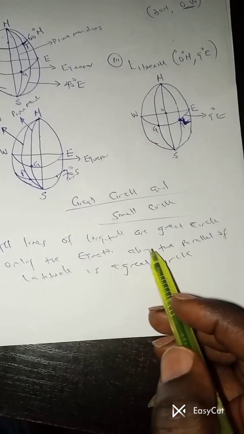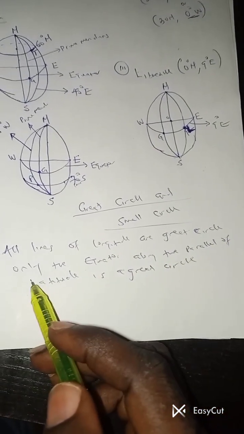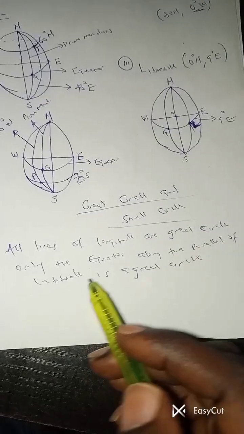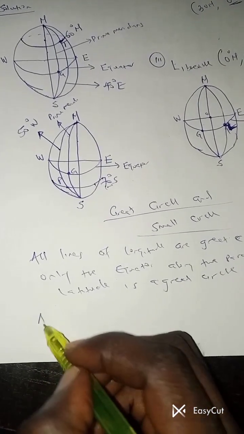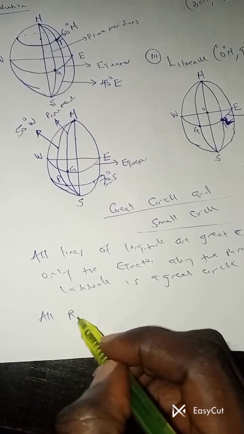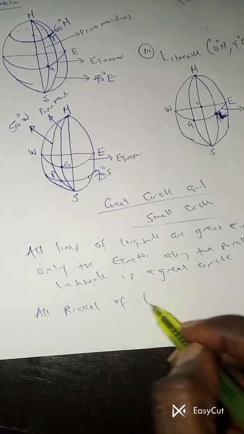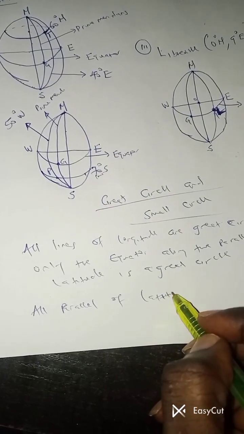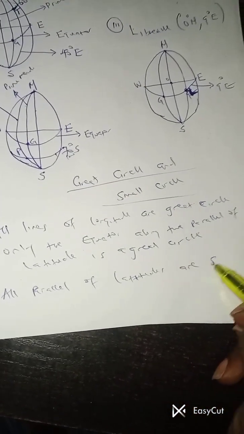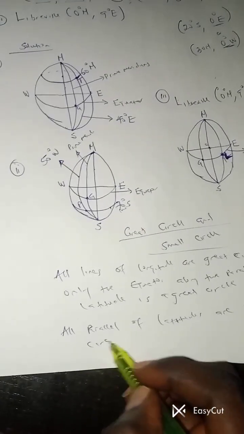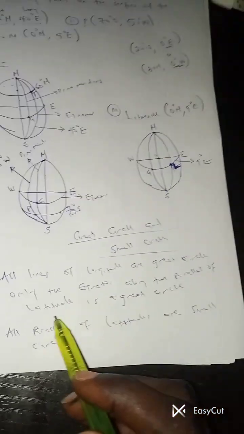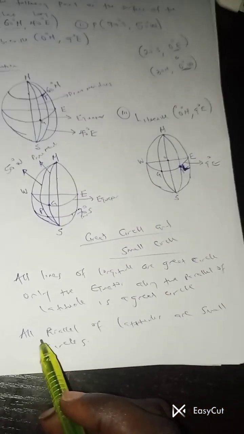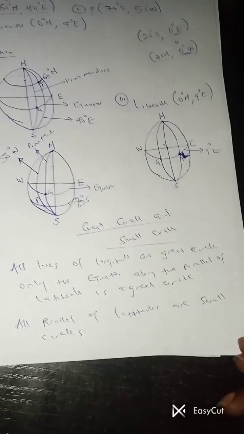Always remember that all lines of longitude are great circles, and only the equator along the parallels of latitude is a great circle. And lastly, all parallels of latitude are small circles.